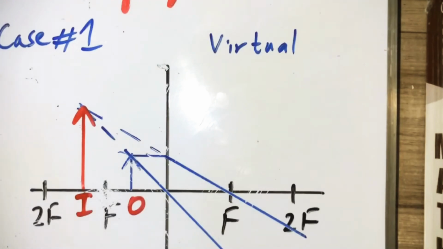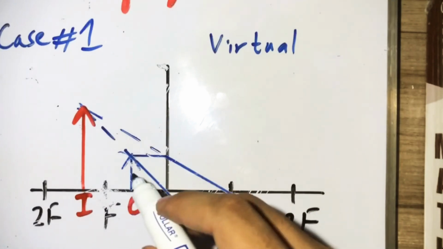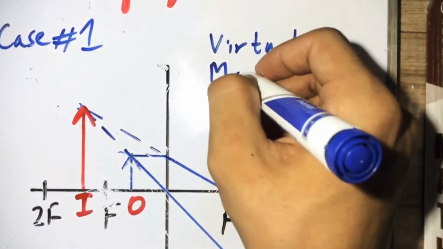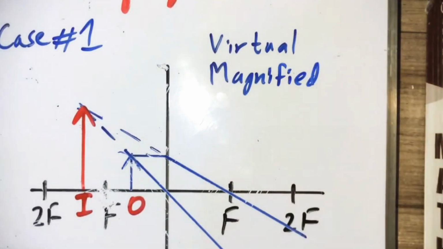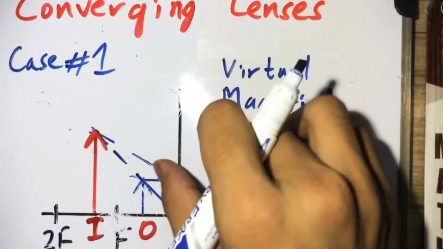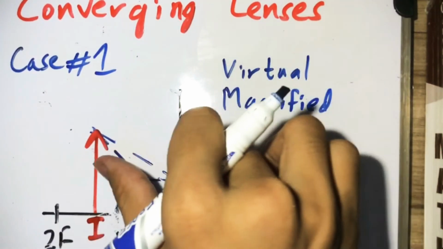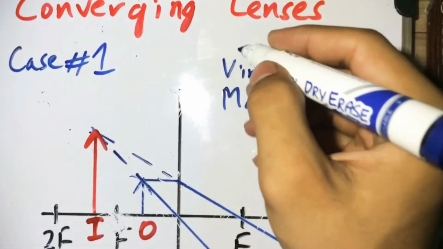So whenever the image is on the same side of the lens as the object, it is virtual. Now we can see that the height of the image is more than the object, so it is magnified, and the top of the image in both cases is at the same end, so it is upright.